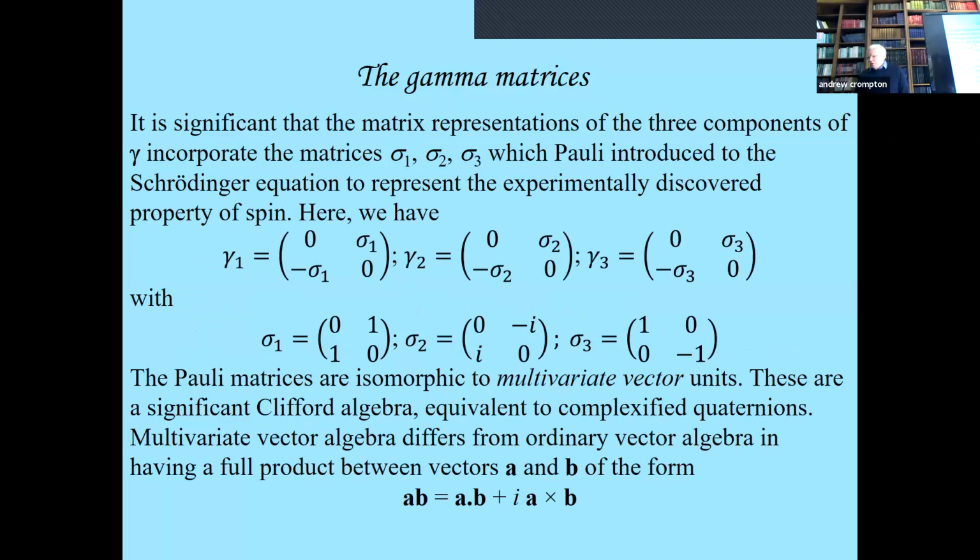Of the infinite number of Clifford algebras, they're the basic Clifford algebra in which you've got complexified quaternions. And these complexified quaternions have the properties of vectors, except that they're more than vectors because they have a full product instead of just a scalar and a vector product. The full product is a combination of the two.